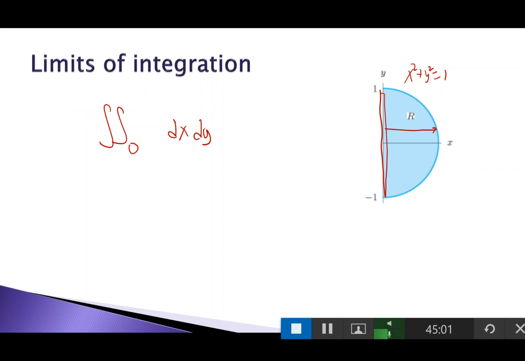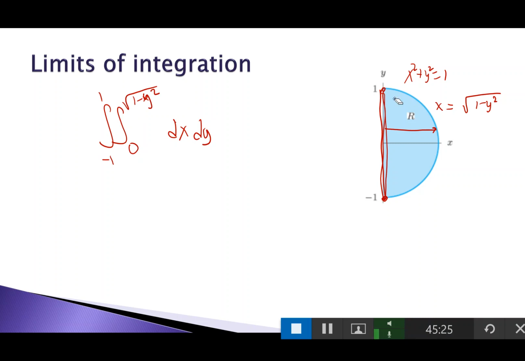My x ends at the function, so I'll solve the function for x. So that becomes the square root of 1 minus y squared. And then my dy starts at -1 and goes up to 1. So there's that one.